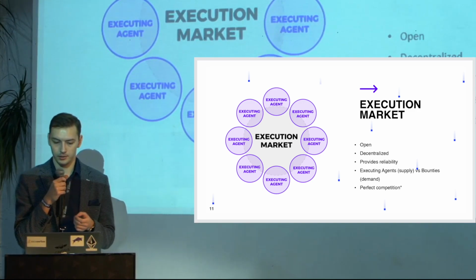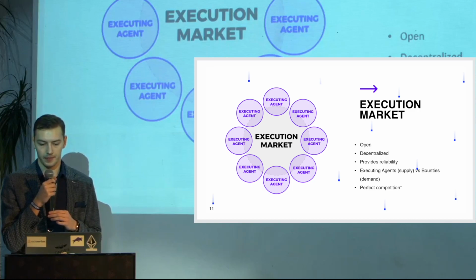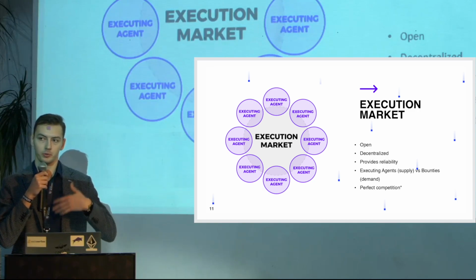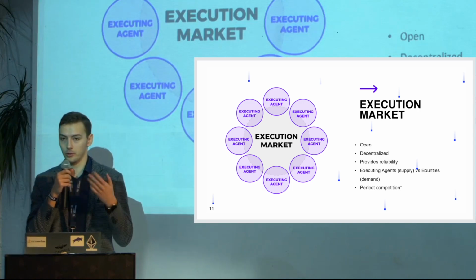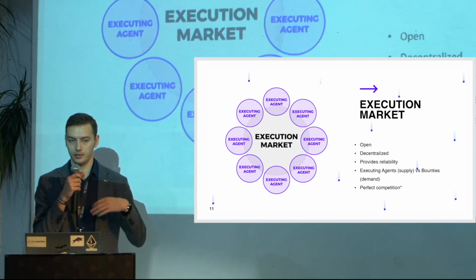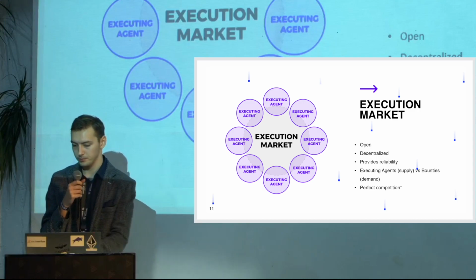So it's open, decentralized. It's a perfect competition because we have people who schedule transactions, and on the other side we have people who want to execute these transactions because they get a reward from the people who schedule.